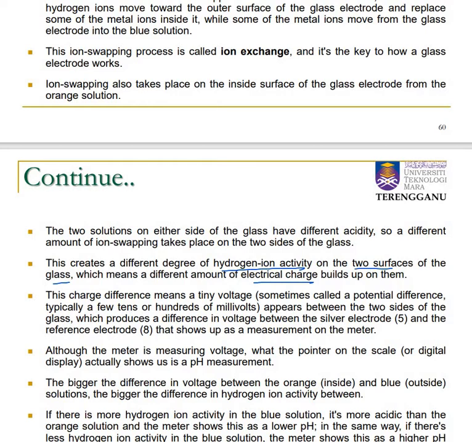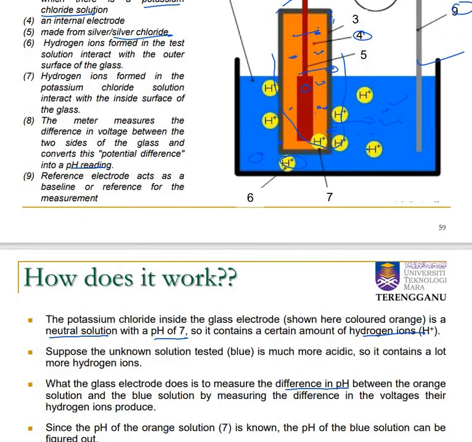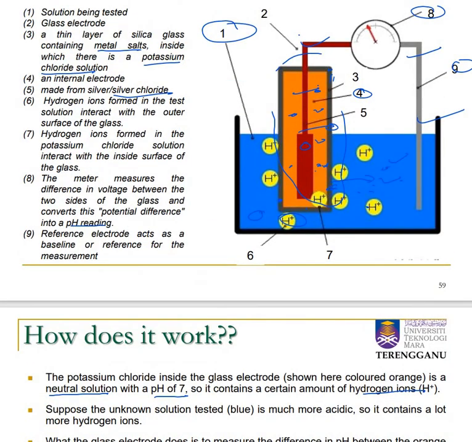This different degree of hydrogen ion activity can cause a change in voltage. It appears between the two sides of the glass, which produces a difference in voltage between this silver electrode and this reference electrode, because there is ion swapping occurring inside here. That's why a difference of voltage can be read here.